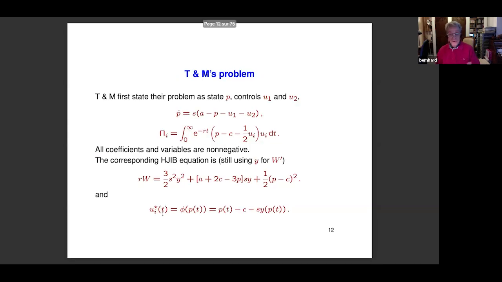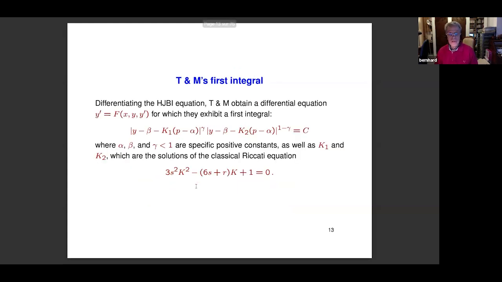Now, they differentiate this with respect to x, and they find this equation, which I called capital F, and they find a first integral of capital F, which is what I wrote here, y minus beta for some beta, minus k1 p minus alpha to the power gamma, times the same thing with a k2 to the power 1 minus gamma equal a constant.